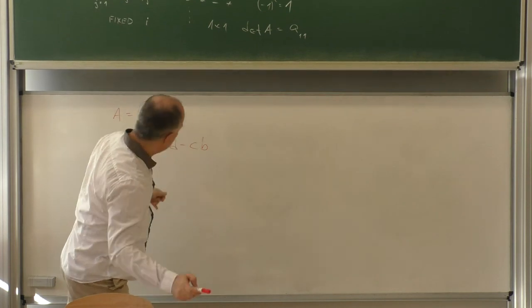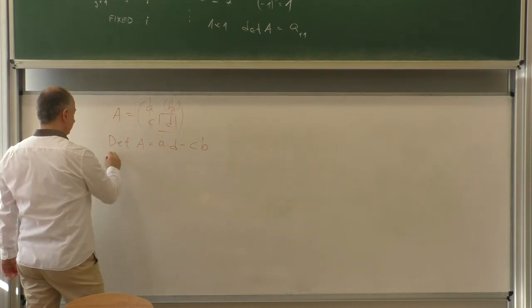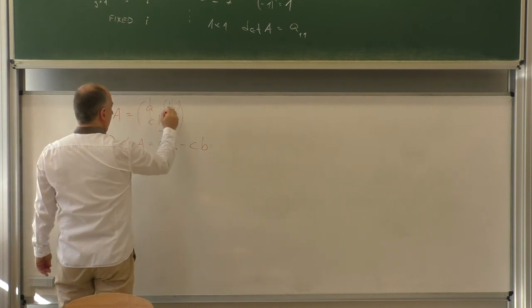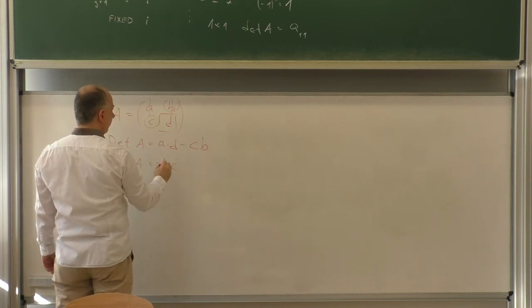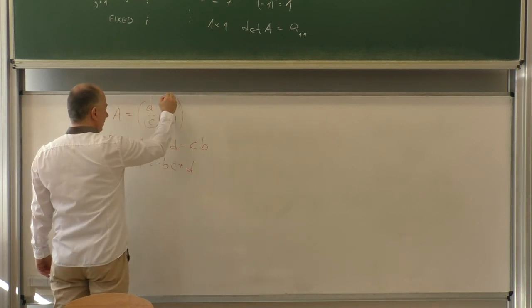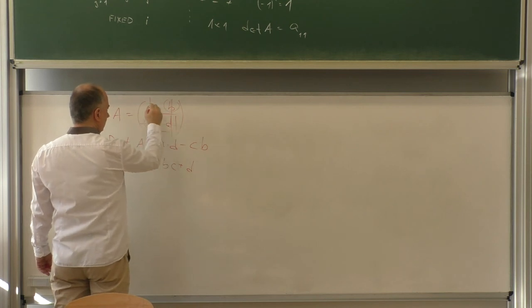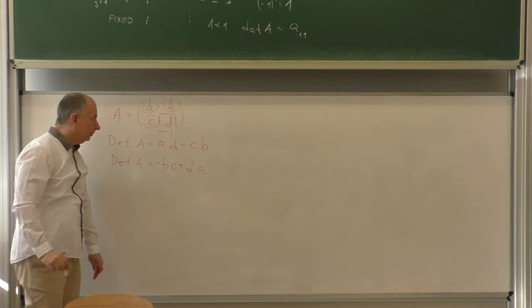Well, we can expand this along the second column. Minus B times the subdeterminant, which is C, plus D times the subdeterminant, if we cancel the second column and the second row, A, which is again AD minus BC.